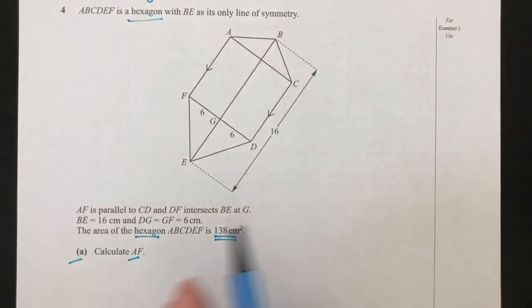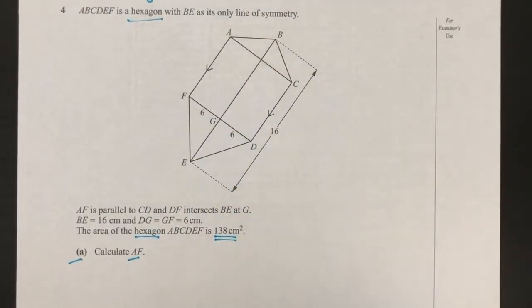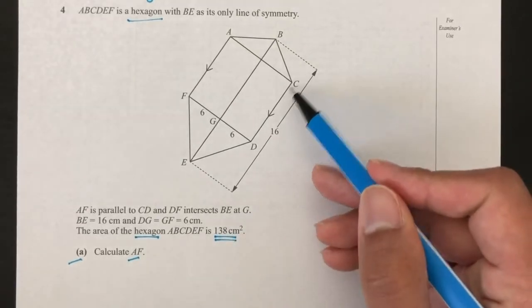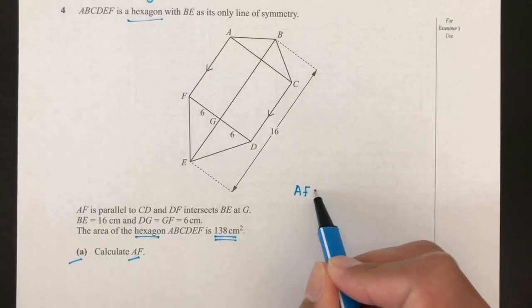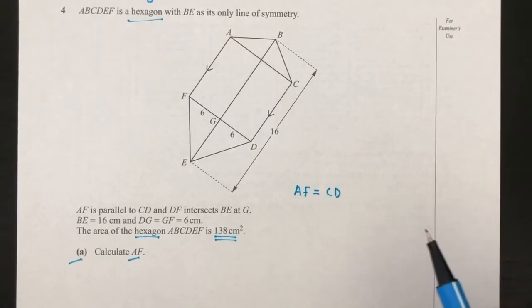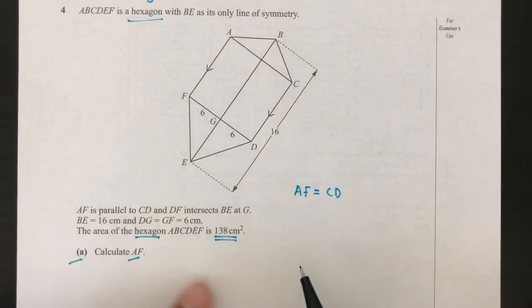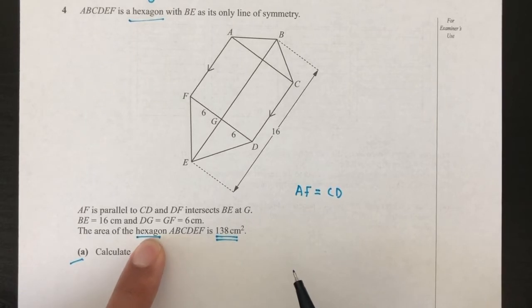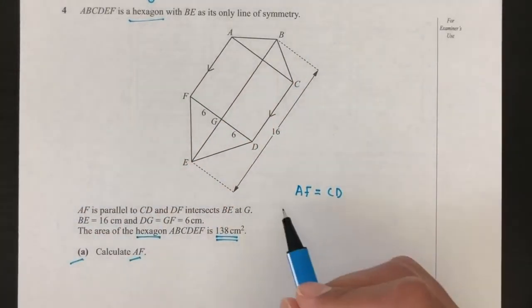As you can see, the value for AF is the same as CD. So we can use this information to find the value for CD or AF, same thing. So AF is equal to CD, as you can see here. So let's use this information to find the value for that. So if the area of the hexagon is 138, what is the area of the trapezium?